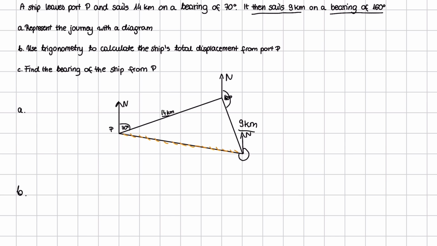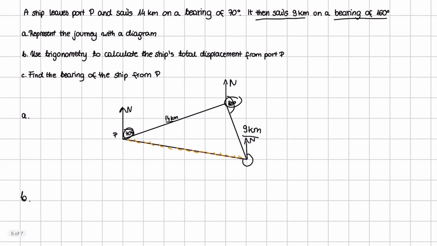We also know these two angles, and now before we use any formula to calculate our total displacement, we have to observe that we can make a triangle in here, like this.